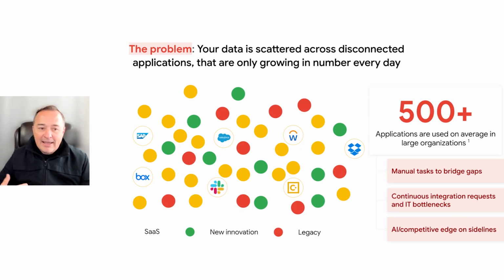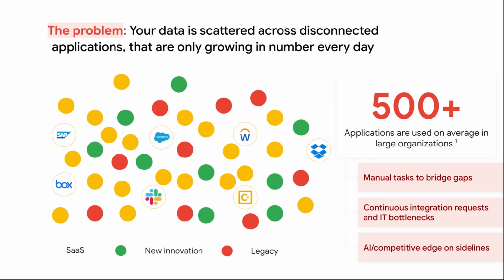We also want to provide the ability for the IT organizations at these customer organizations to not be the bottleneck in helping the business to move forward with having their data connected. And finally, we want to show you how AI can give us a competitive advantage by helping to solve this problem.